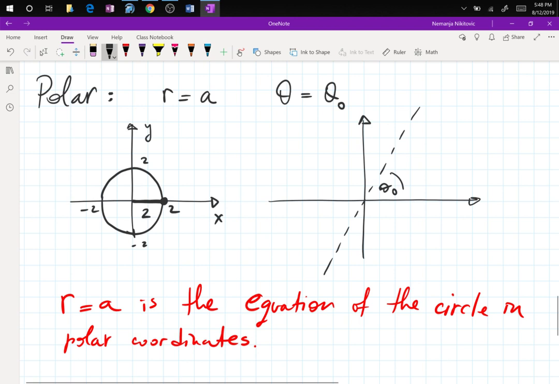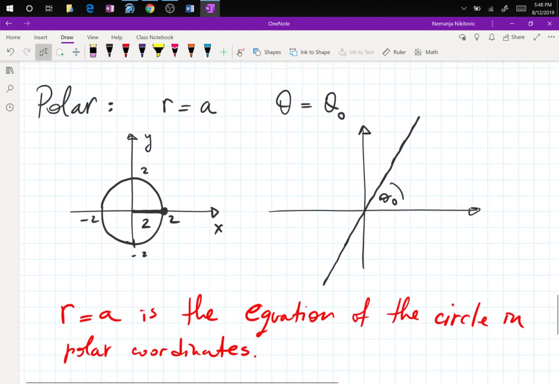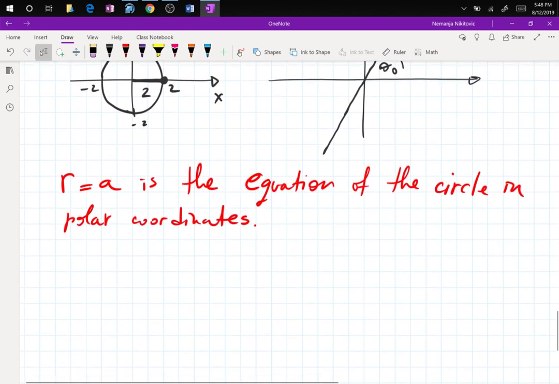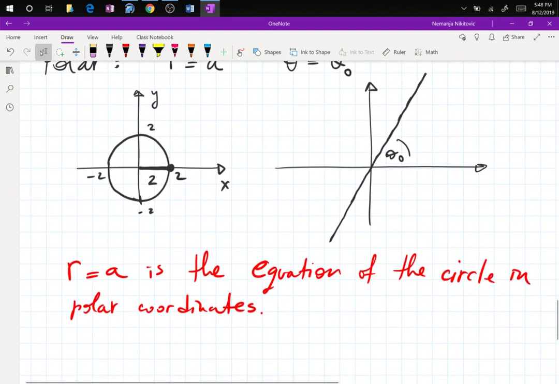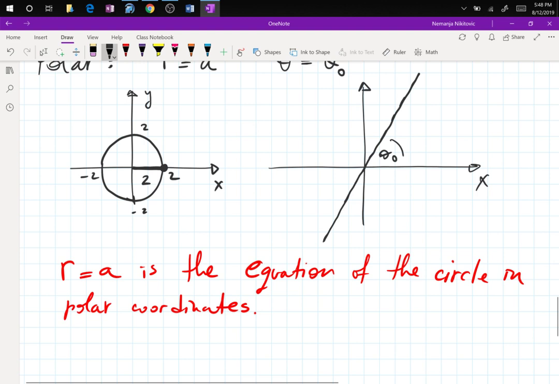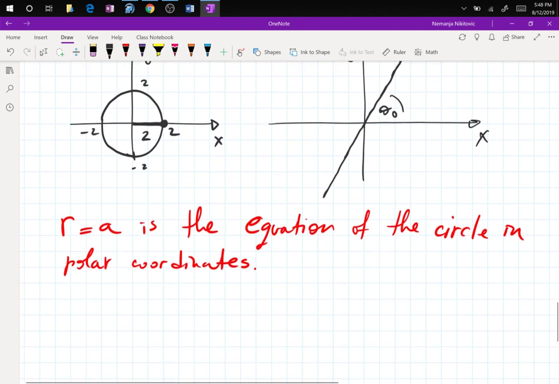This line is a straight line, as you can see, goes through the origin. So let's go with theta equal theta 0 is a linear line through the origin.